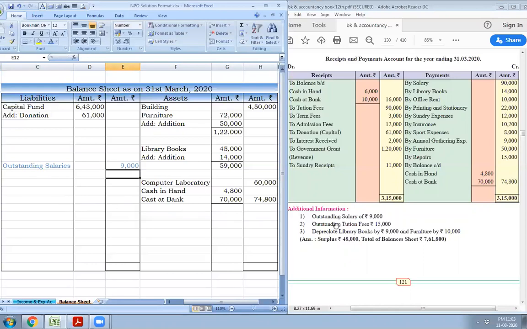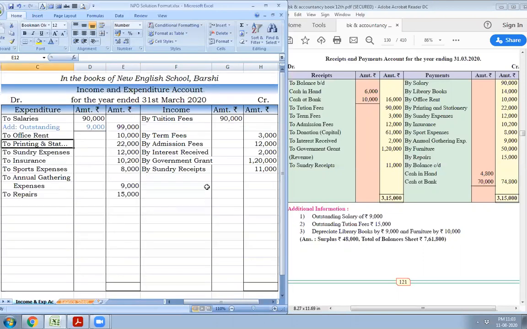Next adjustment is outstanding tuition fees. We will add to tuition fees rupees 15,000. Add outstanding rupees 15,000. Total tuition fees for the year is rupees 1,05,000.